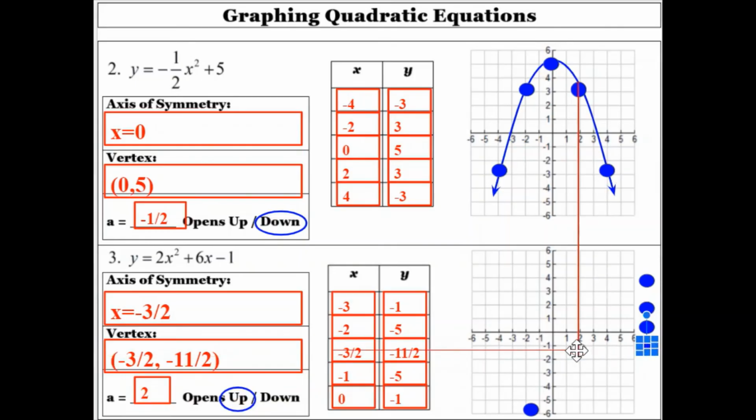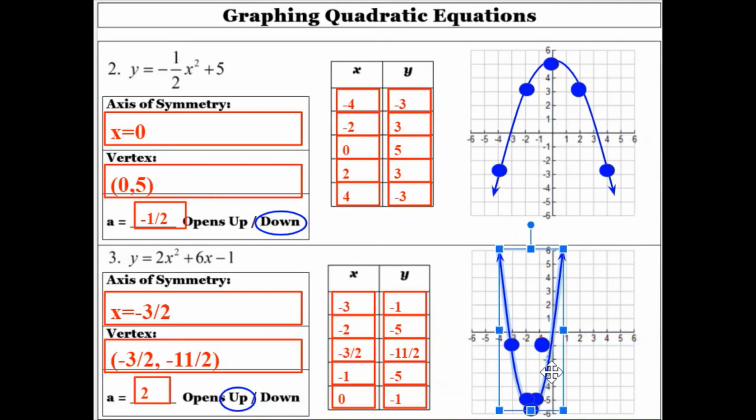And then my other points, -2, -5, and -1, -5, so it's kind of close together since the points are so big. And then your next points are -3, 1, and 0, -1. And it's opening up. So we get something like that. That's it.